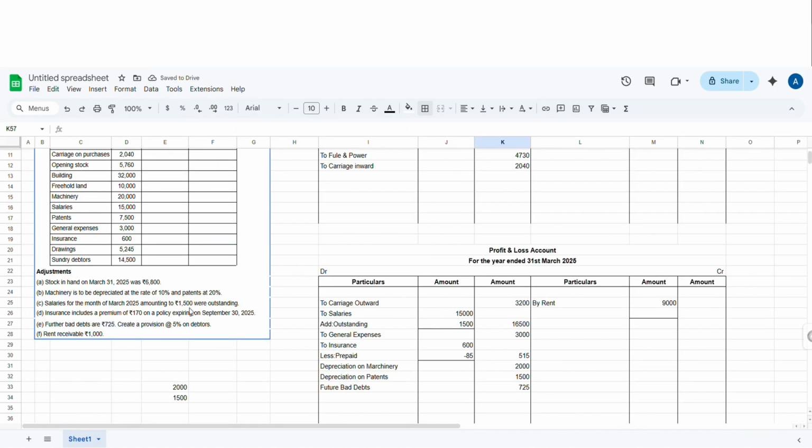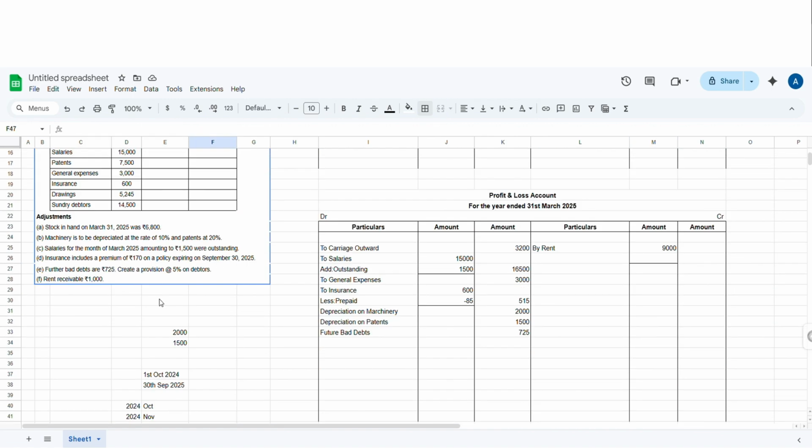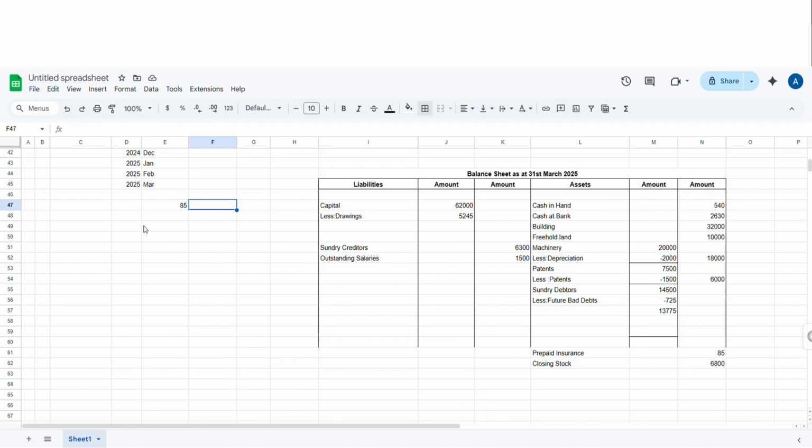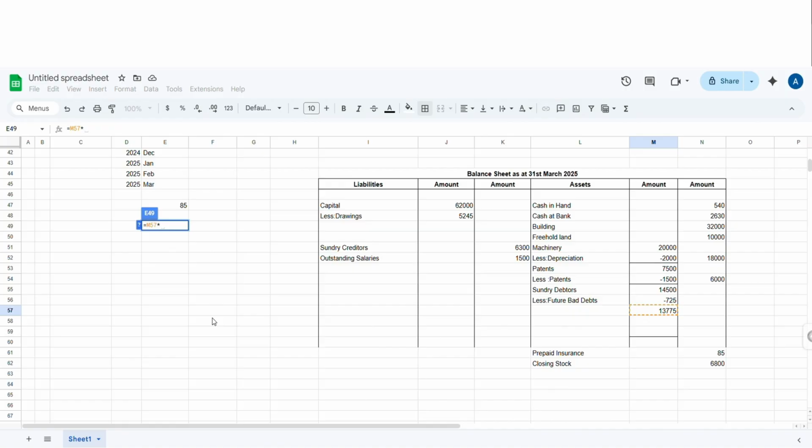Then we have create a provision at 5% on debtors. It means on the remaining amount we have here, we should create a provision of 5%. The amount is 13,775 into 5%. So it is 688. We will record it as 689.